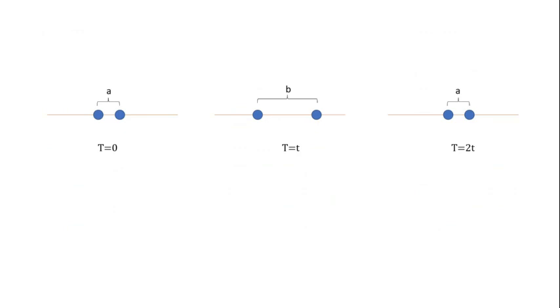Now let's consider a solid in this format. Let's say at time equal to 0, it has a configuration with atomic separation being A. At time equal to small t, it has a different configuration with atomic separation B. And at time 2t, it again has the similar configuration with atomic separation A. Which means at every 2t interval, it gives you back the same atomic configuration.